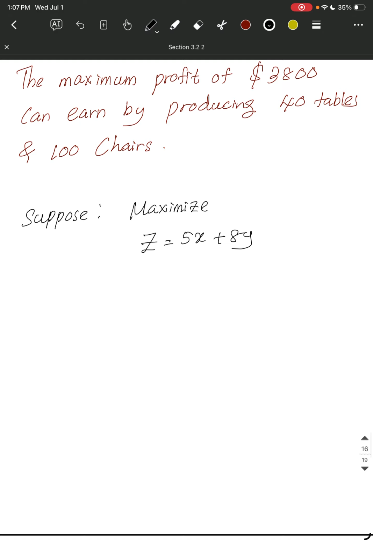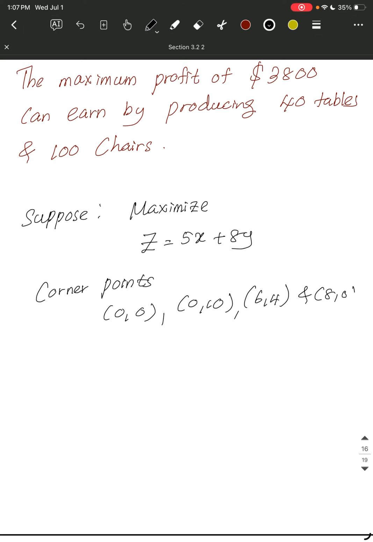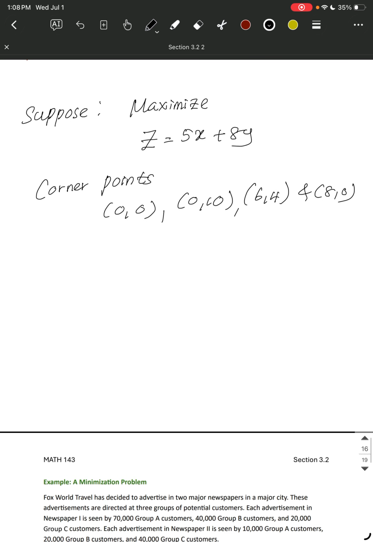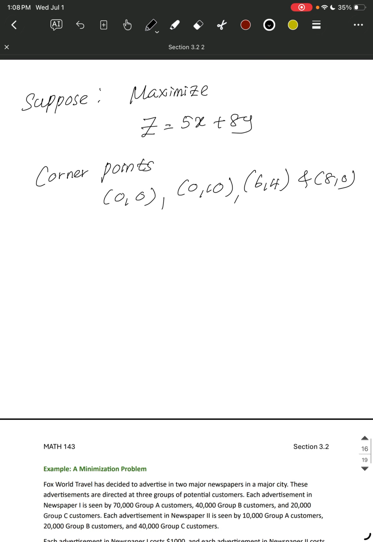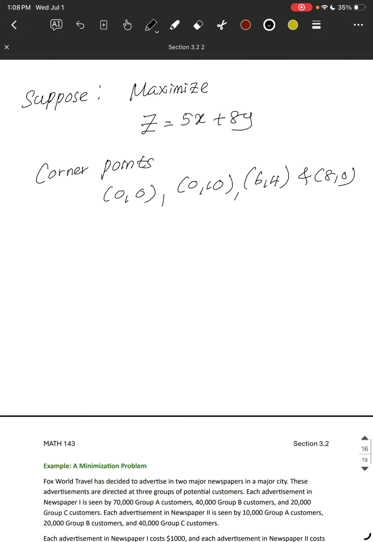The given corner points are (0, 0), (0, 10), (64, 80). Compute the objective function and identify the maximum. Pause the video and try it by yourself.